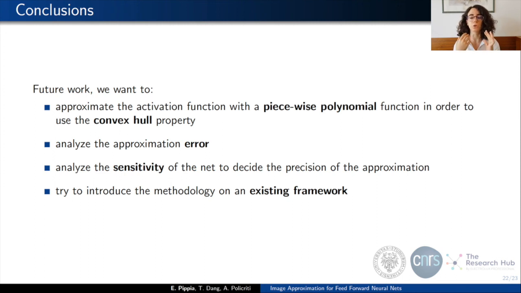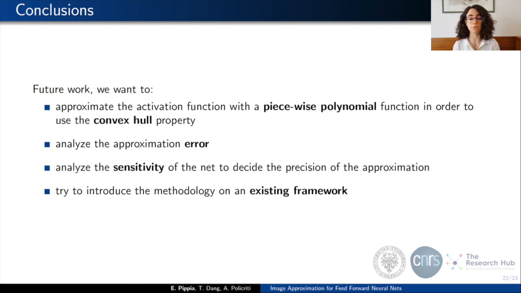First of all, we want to approximate the activation function with a piecewise polynomial function in order to use the convex hull property instead of the range enclosing, and so to bound with polytopes. We also want to conduct an error analysis of our approximation. But what we really want to do is use this strategy just in the neurons in which we need high precision.